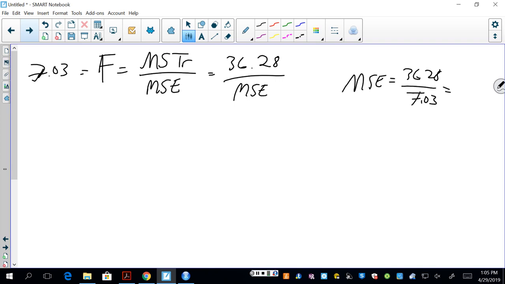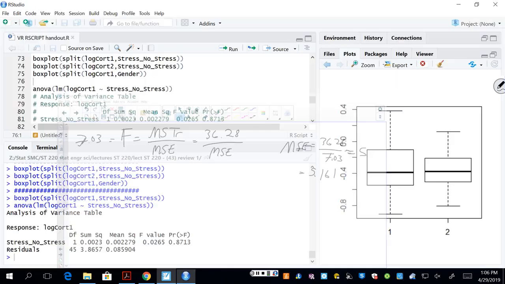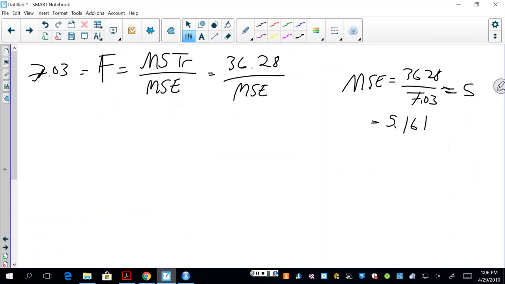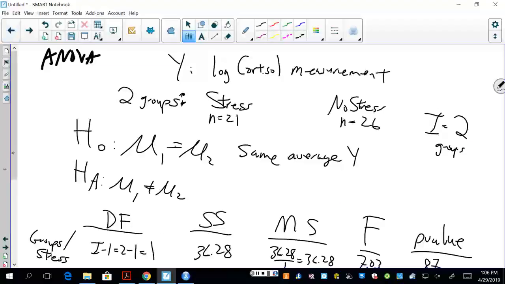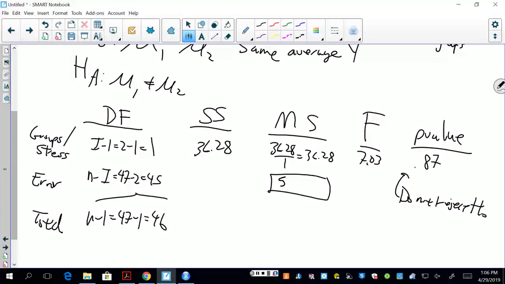That's about 5. The actual value is, from the table, 5.161, keeping all the decimal places. So if you had that part of the table, you could have 5.161.